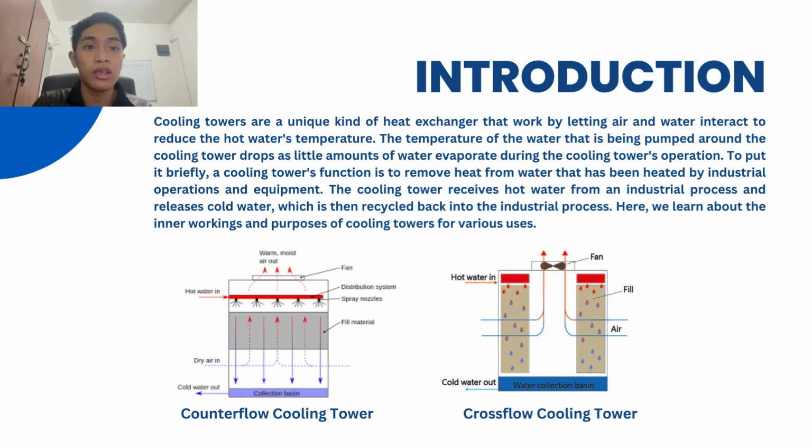As we can see above, we have the cross flow cooling tower. In a cross flow cooling tower, air flows horizontally over falling water while water flows vertically through the filling media. It's called cross flow because air and water both pass through it.